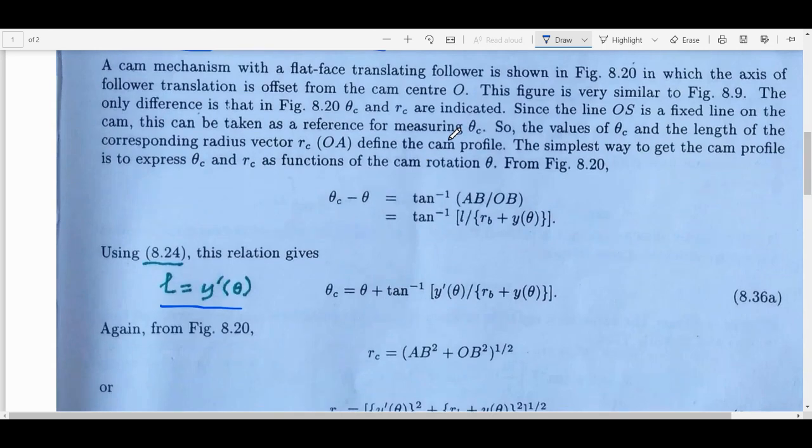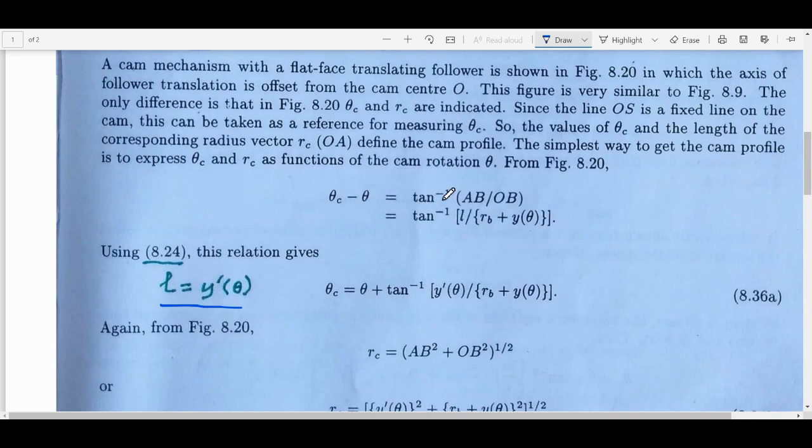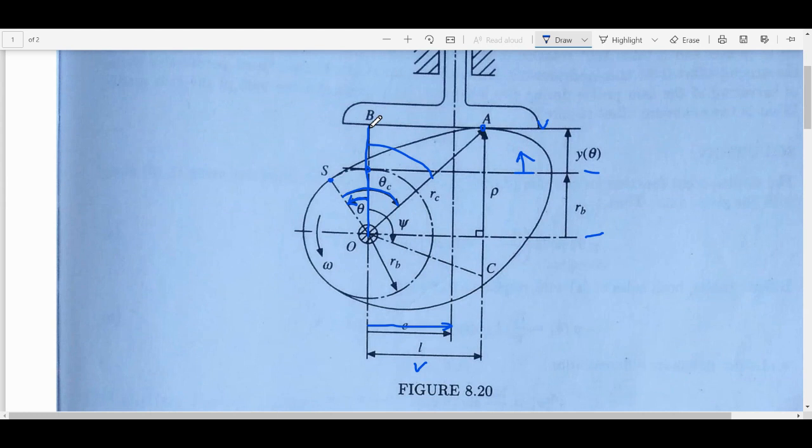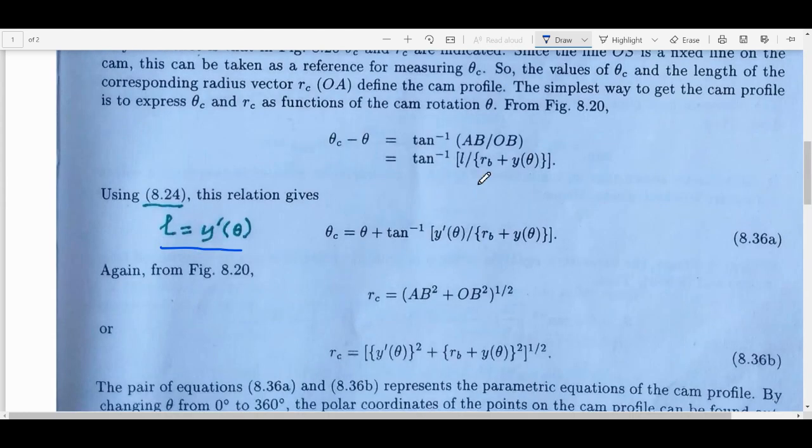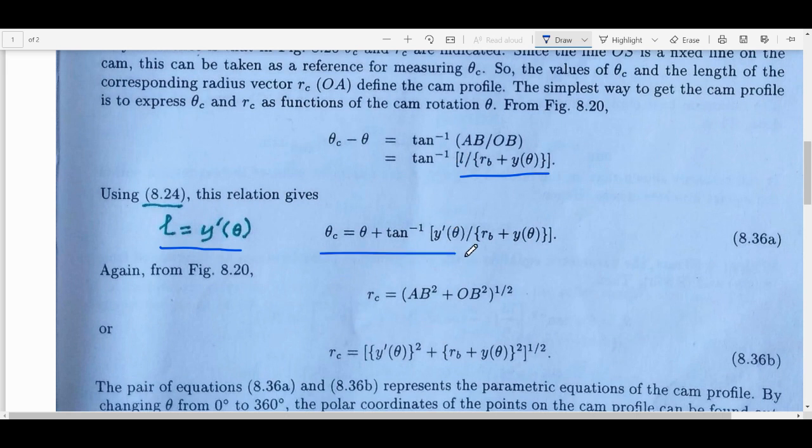Therefore, theta c minus theta is tan inverse of AB by OB, and that basically gives us this expression, because AB is L, OB is RB plus y of theta, and L itself is y prime of theta. That gives us theta c.